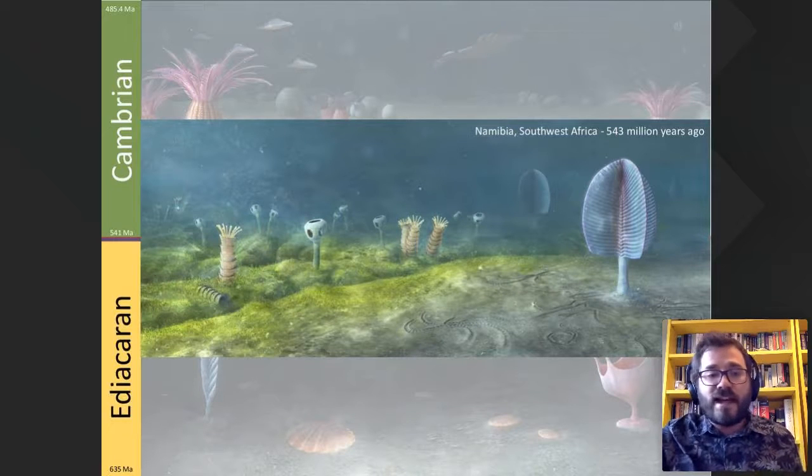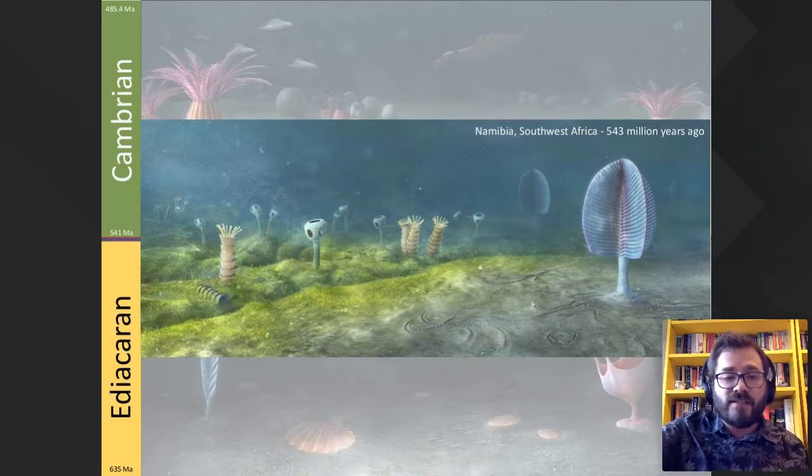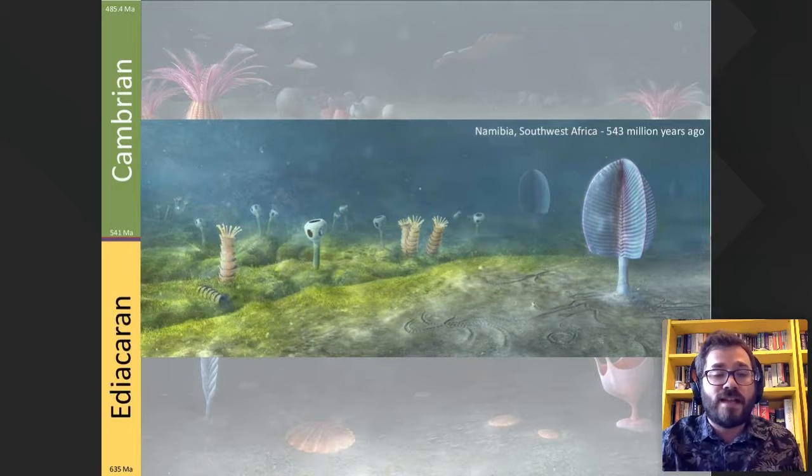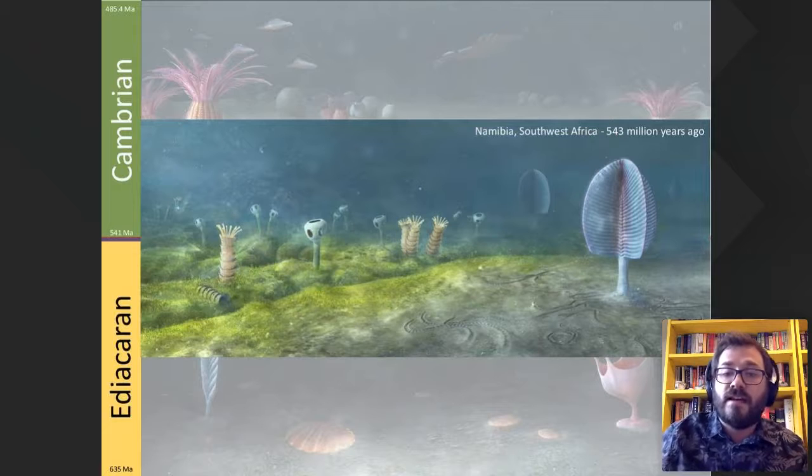But then over on the other side, we have these weird baby's rattles and tubes that I'll talk about a little bit more shortly, that are the first animals that bore skeletons.